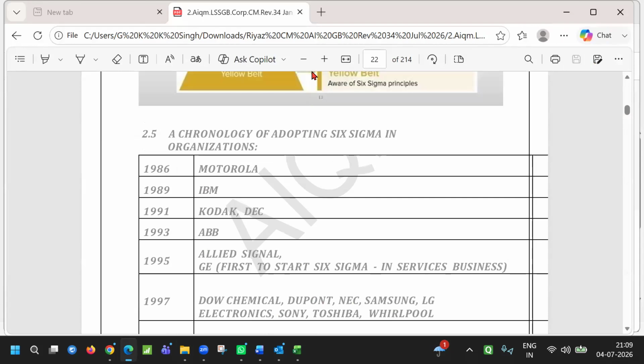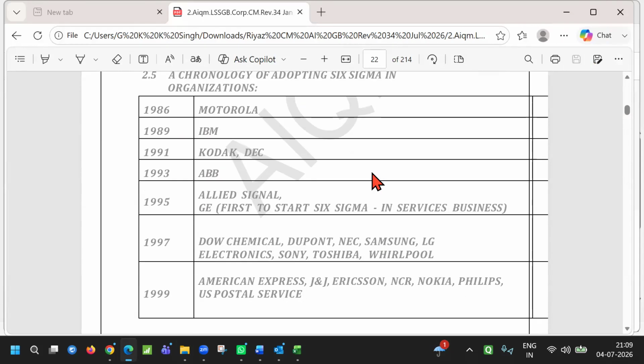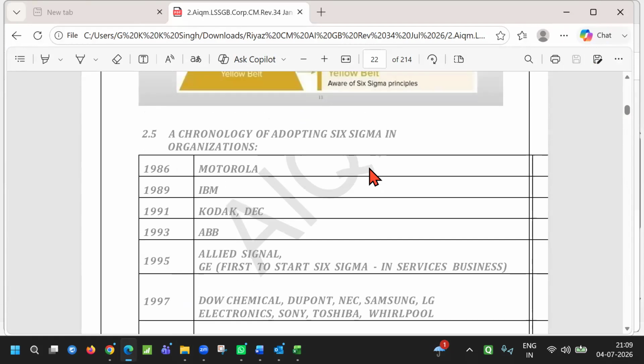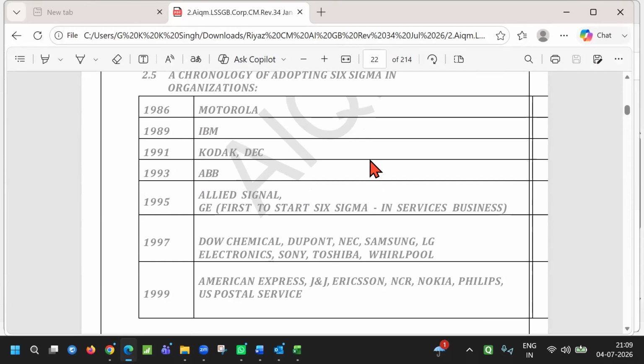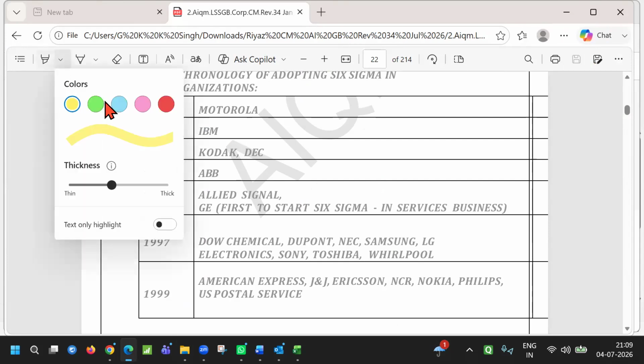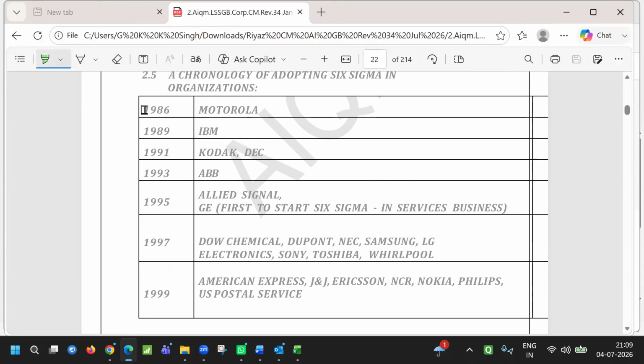Now we will go back to page 22 of our course material. So here this is showing a history of how different organizations have implemented Six Sigma. As I told you yesterday, it started in USA in 1986. The first organization who did this was Motorola. Of course, it was not for the handset.